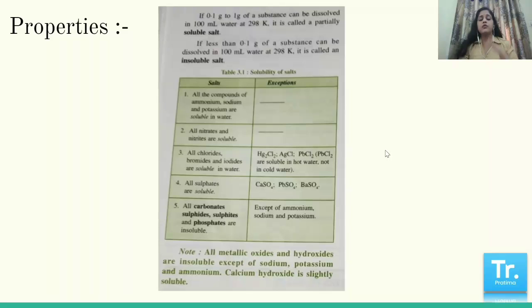Actually all salts of sodium, potassium and ammonium are water soluble, be it a chloride, a sulfate, a sulfite, a carbonate, whatsoever. All the nitrates and all the nitrites are soluble. There is no exception.